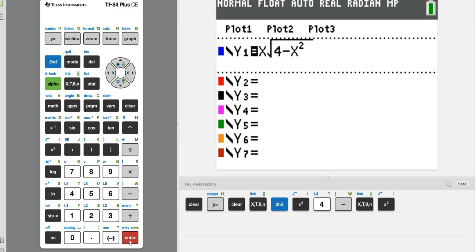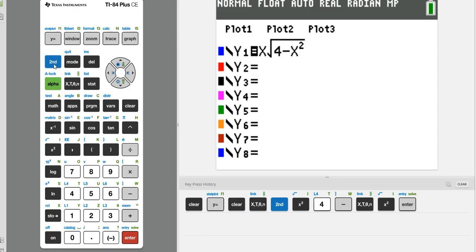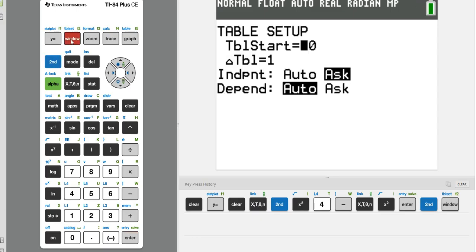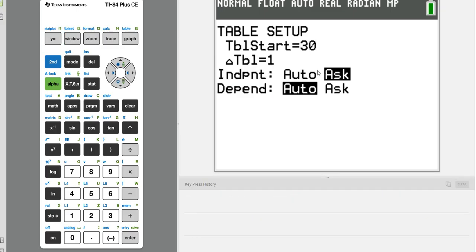Looking pretty good. You should have your table set up the way I do, with independent set to ask, dependent set to auto. That way you can fill in the values of x that you want. We want values at negative 1, square root of 2, and 2. And let's see what happens.